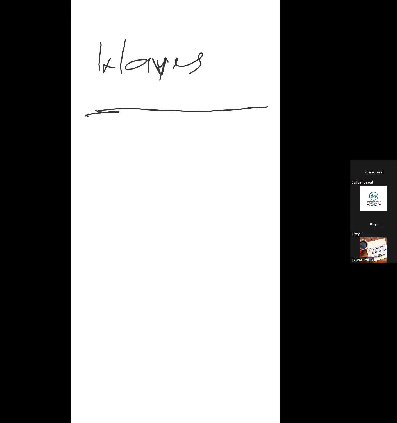Though in a way, this is not exhaustive. So I'm going to talk about medium here: NM, M for medium, N for no medium. Here I'm going to talk about direction.